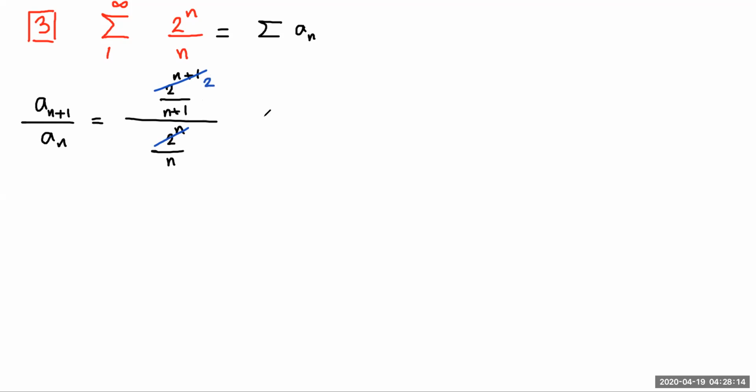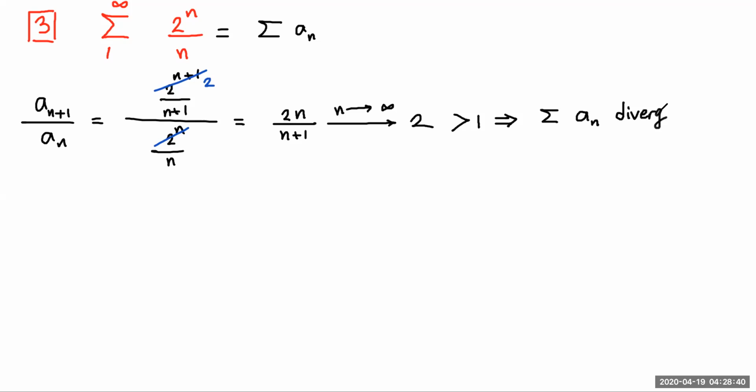We will have 2 here. After that, we will have 2n over n plus 1. So the limit of this term when n goes to infinity will be 2. 2 is bigger than 1, so sigma an diverges, or we can write this is equal to infinity, from 1 to infinity.